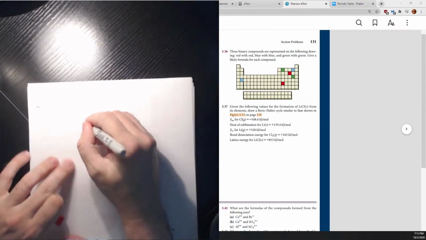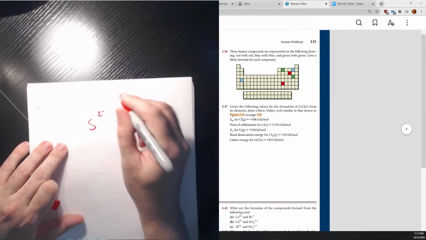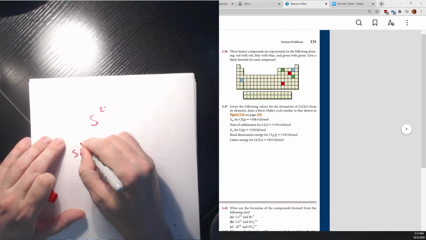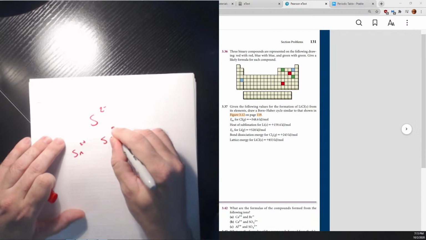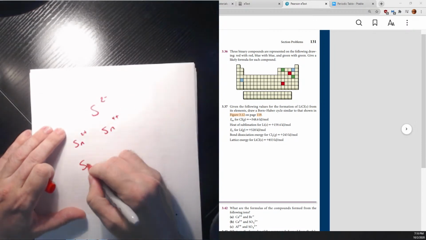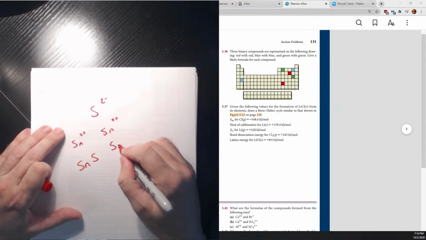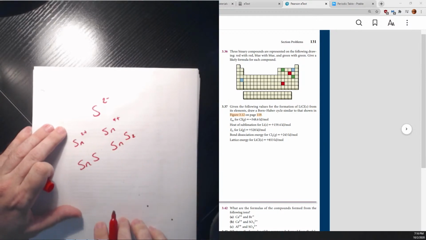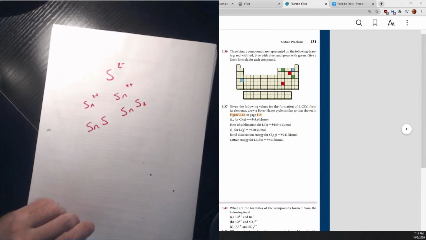The difference is, sulfur will always be 2 minus, but tin could be 2 plus, or tin could be 4 plus. So it could be tin 2 sulfide or tin 4 sulfide. So those are the two possibilities for the red. Oh, I didn't even plan that.